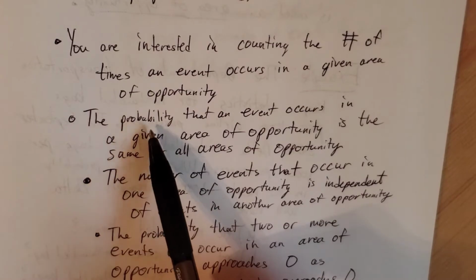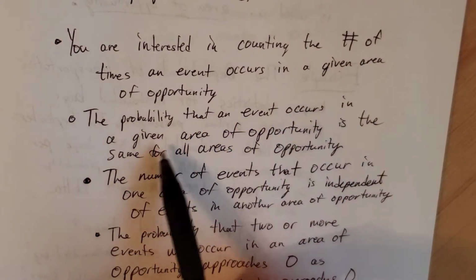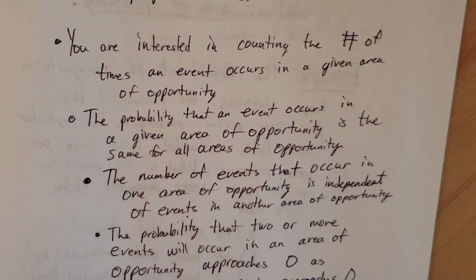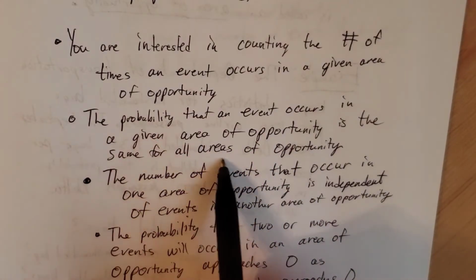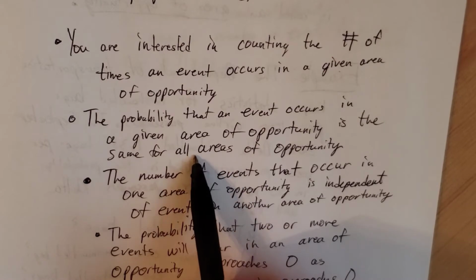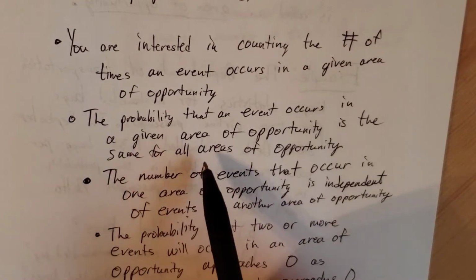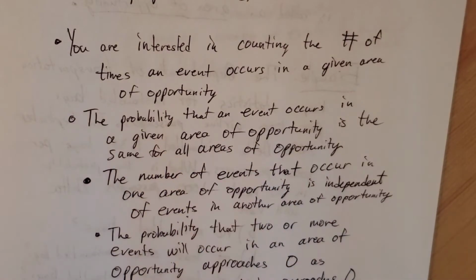We'll also need it to be true that the probability that an event occurs in a given area of opportunity is the same for all areas of opportunity. For clarification, we mean the same for all areas of opportunity of the same size. So if we look at 1,000 passengers and we see a certain probability of an event occurring in that 1,000 passengers, that's not different than if we chose a different 1,000 passengers.